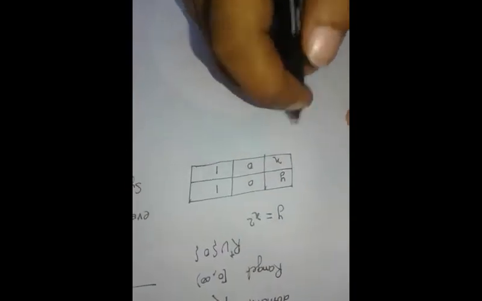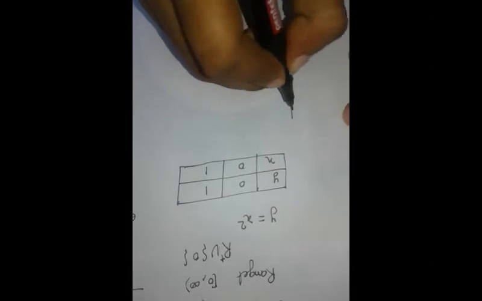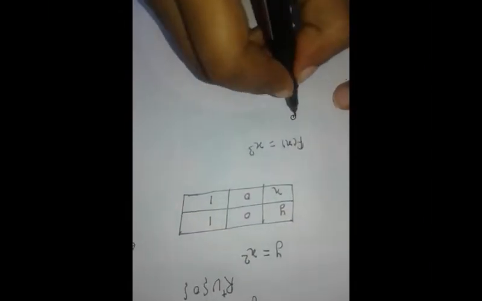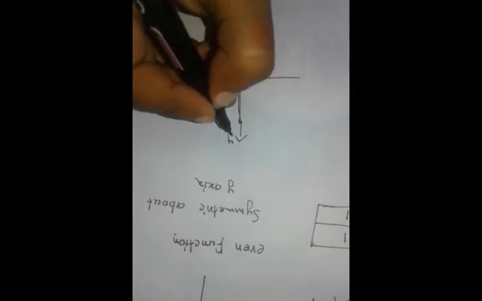Again, the graph of f(x) = x³. It is an odd function. The domain of this function is also the whole set of real numbers, and the graph of this function is here. Here is the y-axis and here is the x-axis.